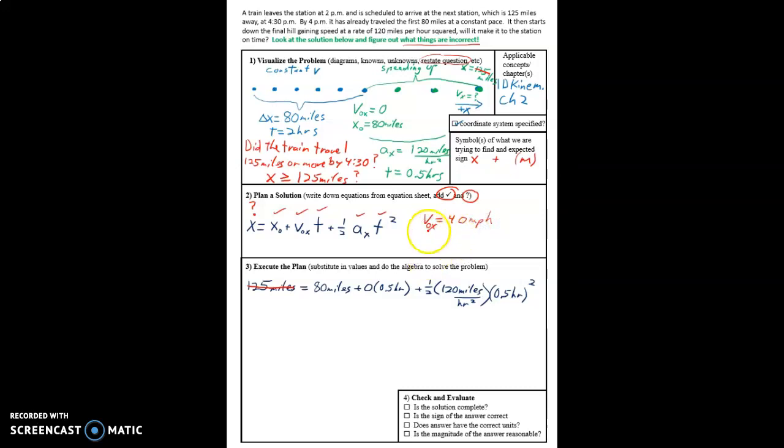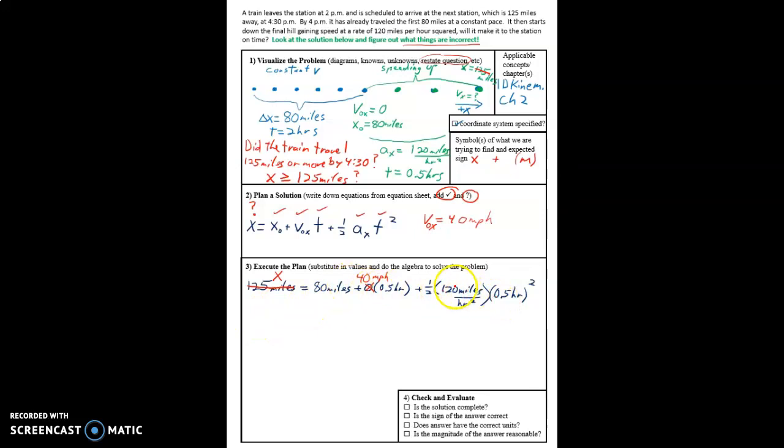And we can call that V naught x. Okay, so that's not really part of my plan per se, but it really does come into play in my planning. So this is 40 miles per hour instead of 0. And now this is x instead of being a known value.